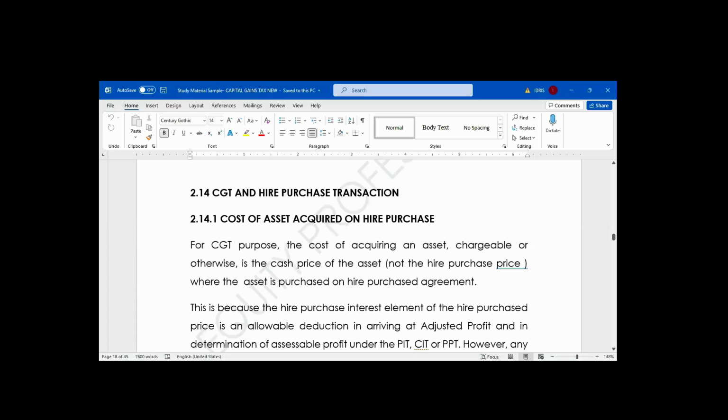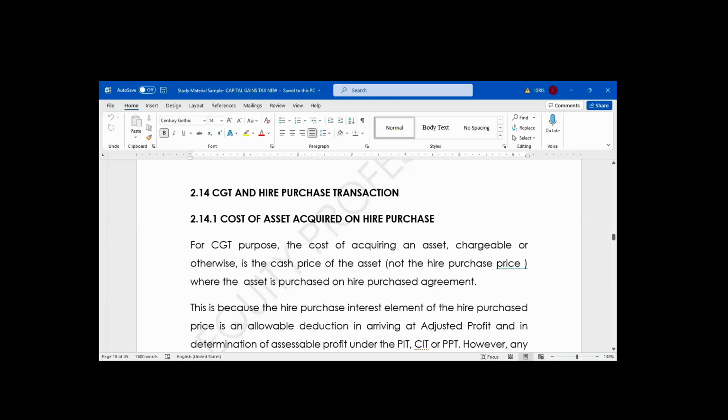Or before you finish paying the installments, maybe you want to pay 36 installments and you have paid 24 installments, you now dispose the asset. It is the cash installment you are going to recognize as part of cost of acquisition.